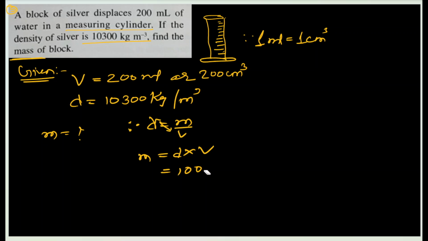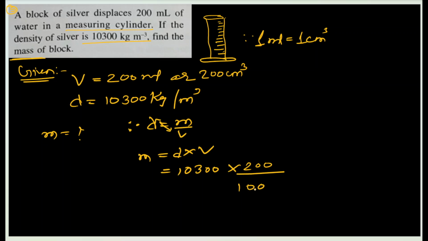Now D is 10300 into V, which is 200 centimeter cube, which will not be placed here because it's in kg and it's a centimeter cube. So what we need to do here? 200 divided by 10 to the power 6, when we convert centimeter cube into meter cube.